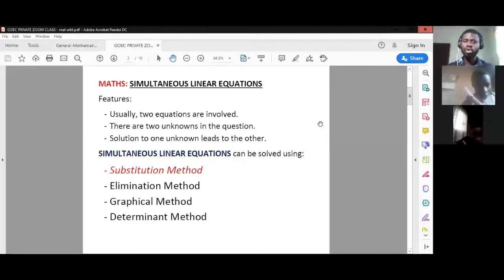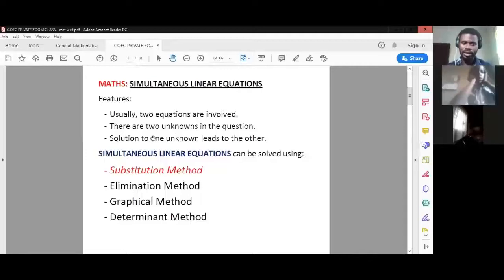One equation will not be able to solve two unknowns. So the number of equations must balance the number of unknowns in the question. In simultaneous linear equations, you usually have two unknowns, and because of that, we also usually have two equations.